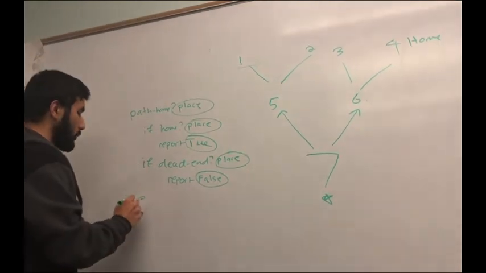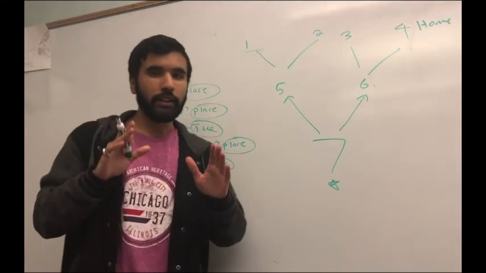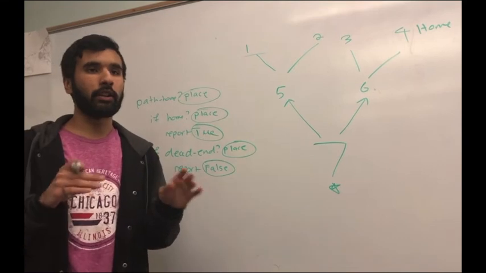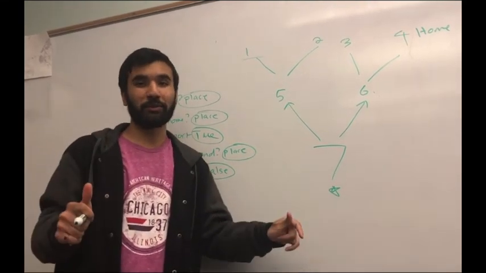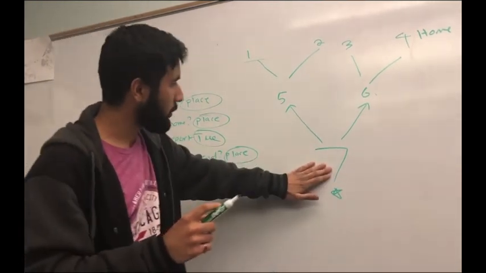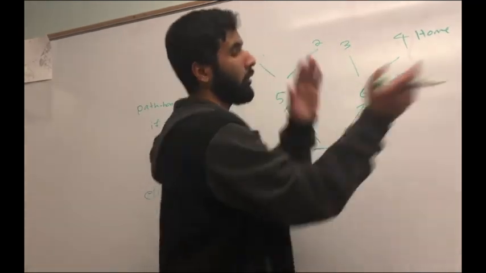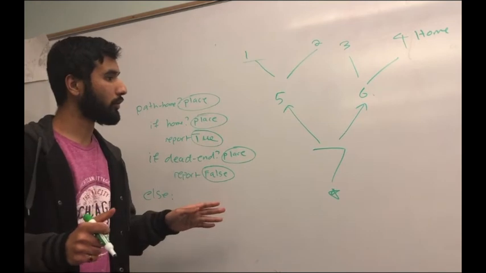But now we get to the more interesting part, the recursive case. There's a key idea that we need to use in this problem, and it's called the recursive leap of faith, which you've heard multiple times today. The idea is you don't want to start thinking about, okay, I'm going to be here and then I can get over there and this and that. You want to take things one step at a time and then let your function do the work for you.